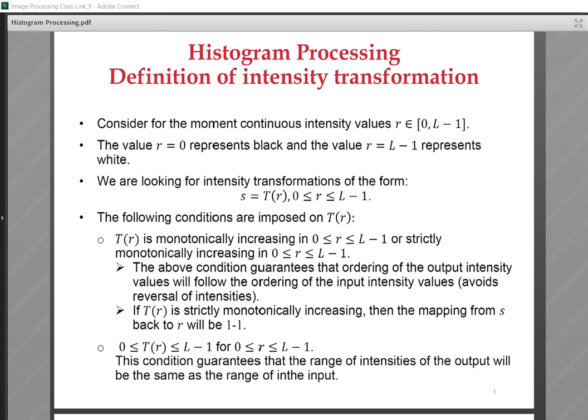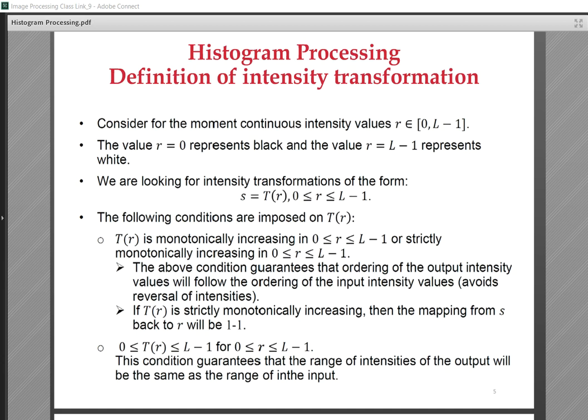Histogram processing or enhancing. Definition of intensity transformation. Okay, some transformation from the histogram of the first one to an enhanced one. Consider for the moment continuous intensity values, for example, r from 0 to L-1.